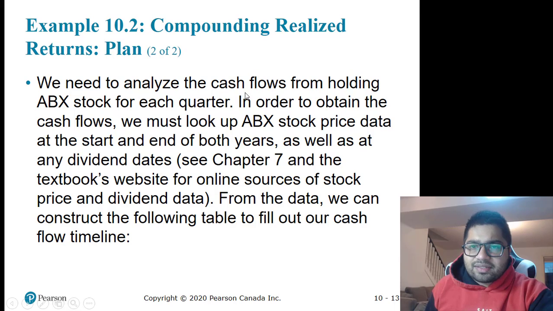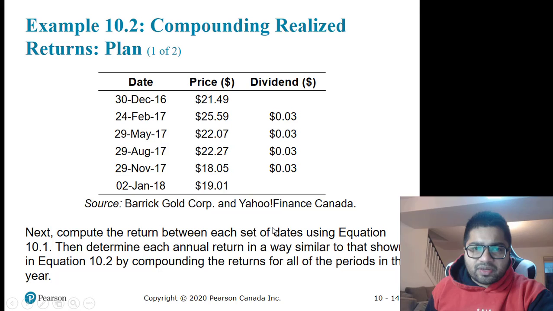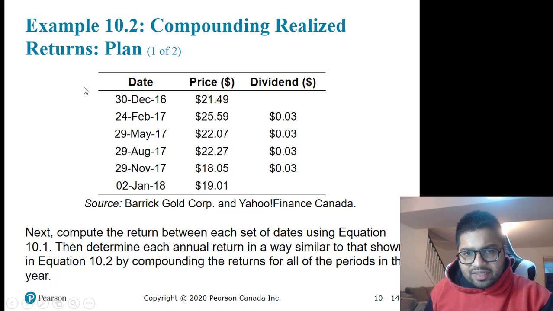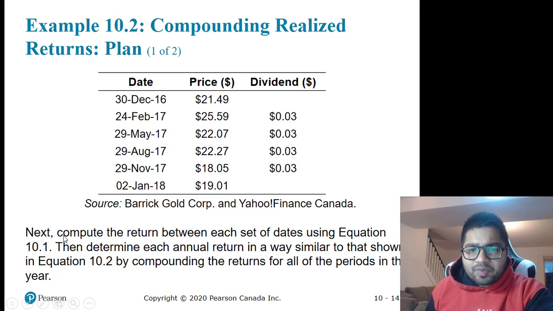So we need to analyze the cash flows from holding ABC stock for each quarter. In order to obtain cash flows, we must look at the ABC stock price at the start and end of the year and any dividend dates. From the data, we can construct the following table to fill out the cash flows. So these are the cash flows given for ABC stock. Compute the returns between each set, then determine annual returns in a similar way, by compounding.